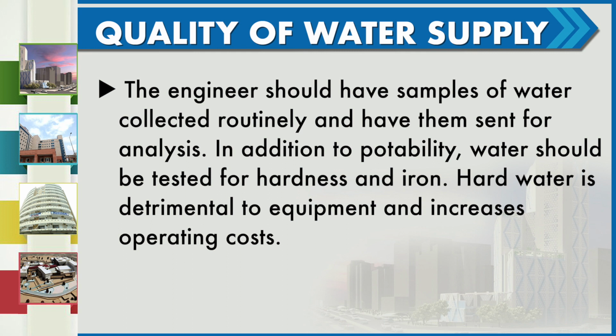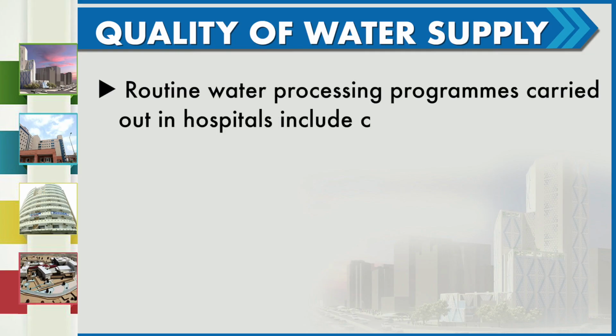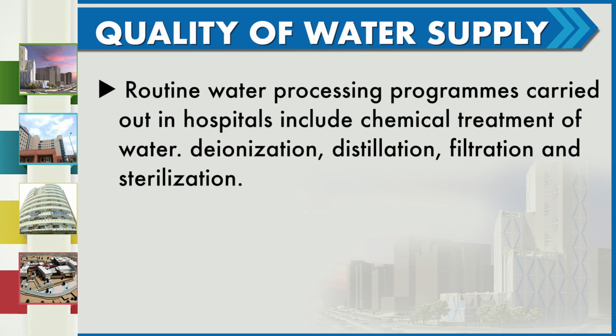In addition to the potability of water, water should be tested for hardness and iron. The hard water is detrimental to equipment and may increase the operating cost. A hospital should follow routines in water processing programs that will include chemical treatment of water, deionization, distillation, filtration and sterilization.